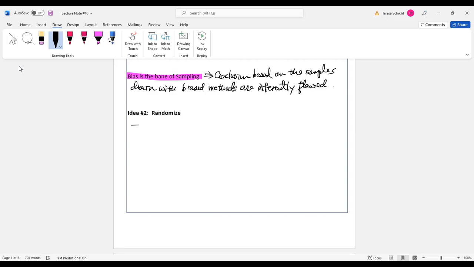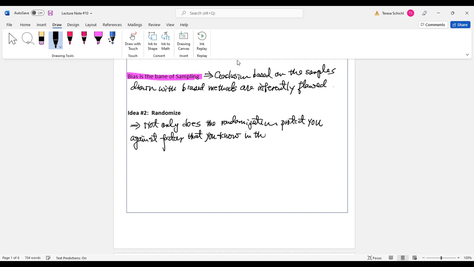Okay, so here, let's try to put this down. We said that not only does randomization protect you against the factors that you know in the data, very importantly, it can also help to protect against a factor that you don't know.